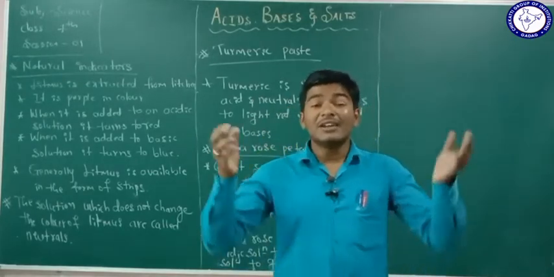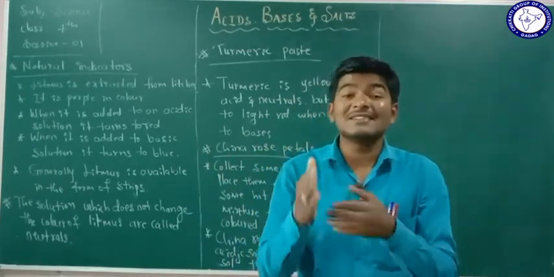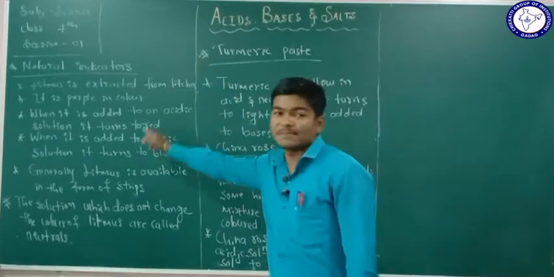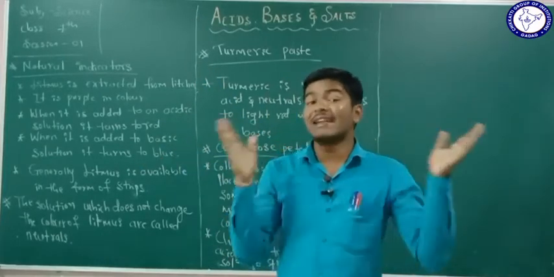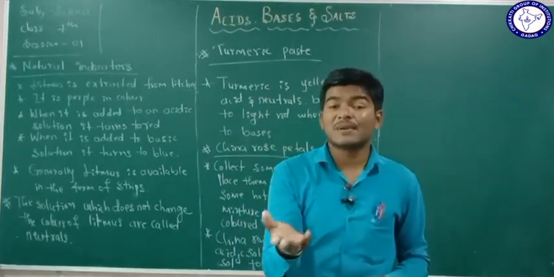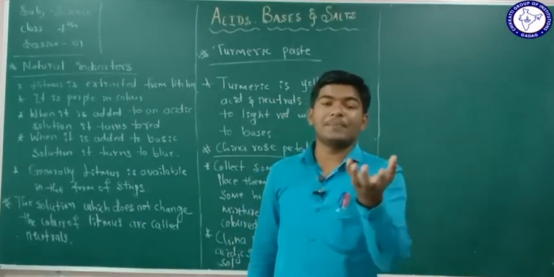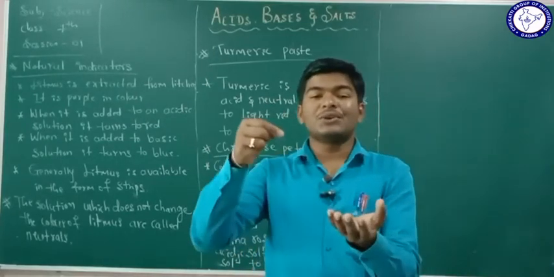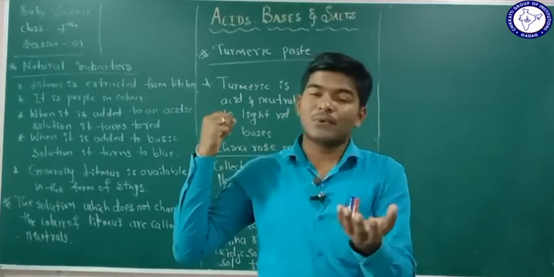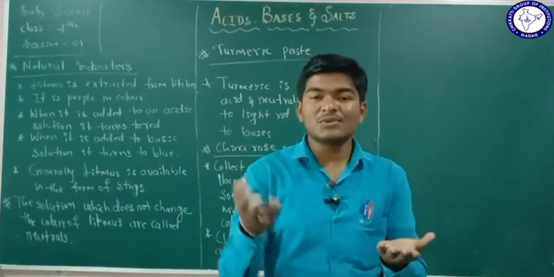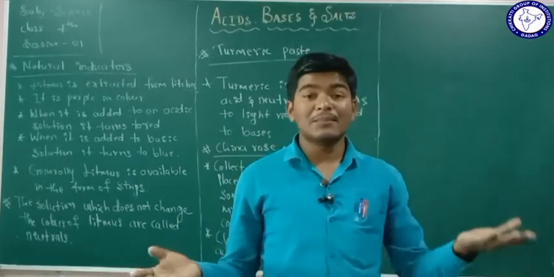If the solution doesn't change the color of the litmus paper, now I am considering pure water. You are going to check with both litmus papers, the red litmus paper and also the blue litmus paper.